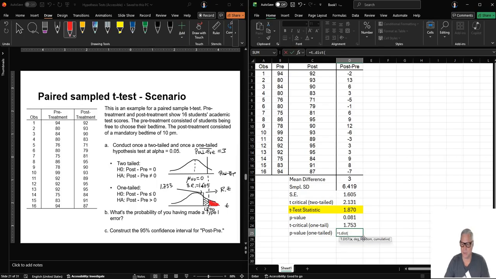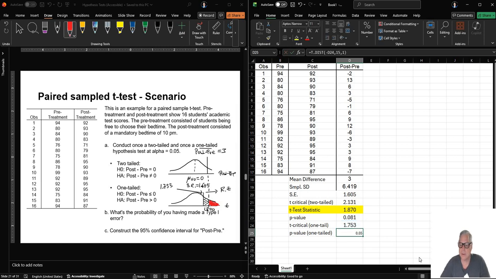But the area to the right of 1.753 is the same as the area to the left of negative 1.753. So I'll put a negative sign in front, click on the cell with the critical t of a one-tail, and then say degrees of freedom 15 and cumulatively yes.